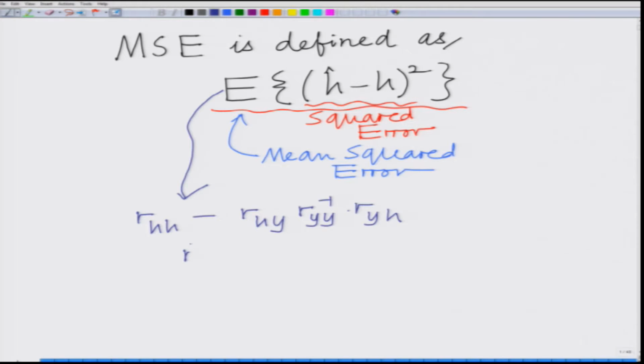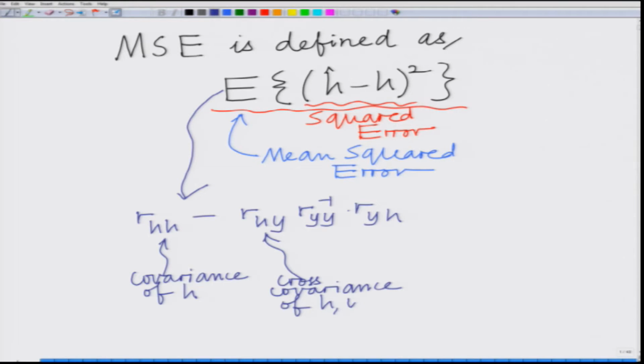Here R_HH is the covariance of h, R_HY is the cross covariance of h comma y, and R_YY is the covariance of y, or the covariance matrix, depending on whether y is a vector or a single scalar quantity.